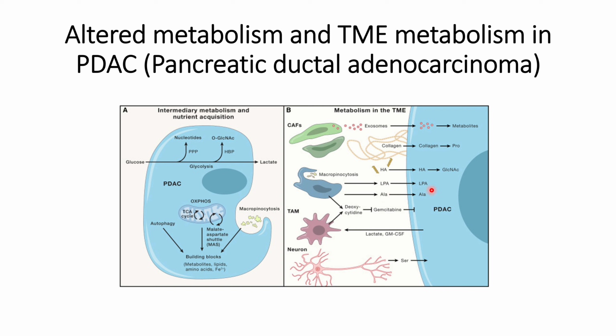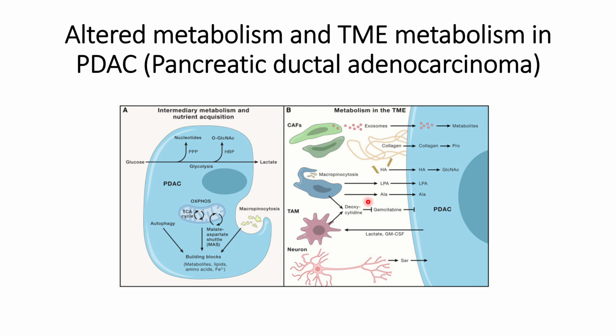LPA is not a basic amino acid, but a combined form of these metabolites. At the same time, this pathway releases deoxycytidine, which is also released by TAMs, the tumor associated macrophages, which we discussed in our previous video.